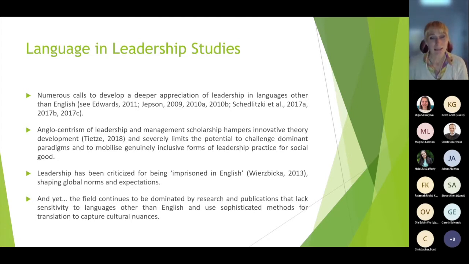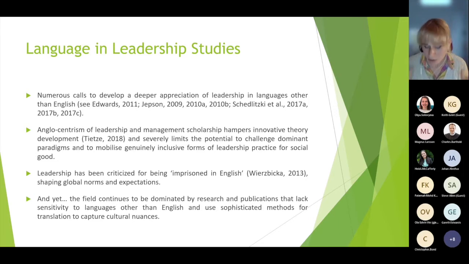To become more inclusive in our practice of leadership research, but also in our understanding of leadership, we must problematize this dominance of the English language, because otherwise all our conceptualizations and approaches to leadership become and remain imprisoned in English, shaping norms and expectations of leadership that are far too Anglocentric in their cultural orientation and meaning.